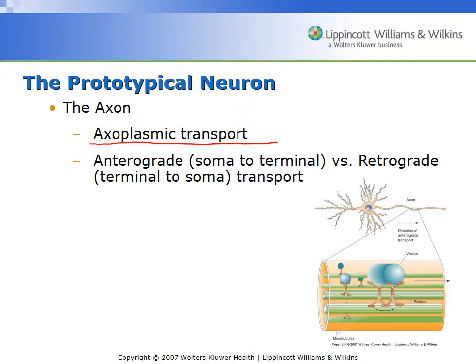And these transports are provided by a motor protein called kinesin, and this is the transport from the soma to the axon. The anterograde transport.